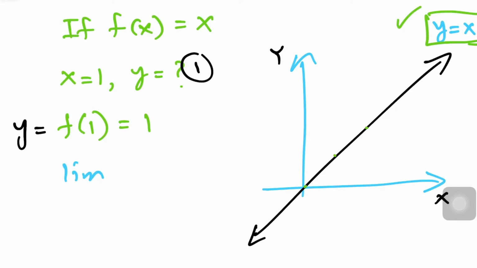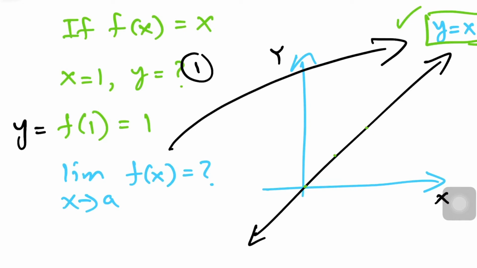All right, so let's say if someone asks me limit as x approaches a of, for this function, let's say f of x equal to what? Okay, so let's say for this specific problem, my f of x is equal to y equal to x, or x.